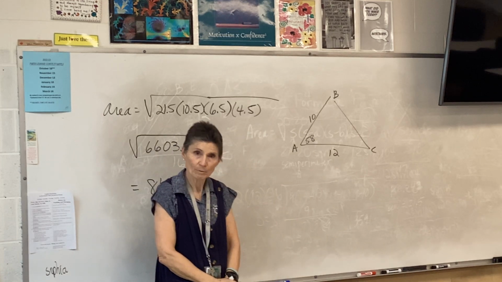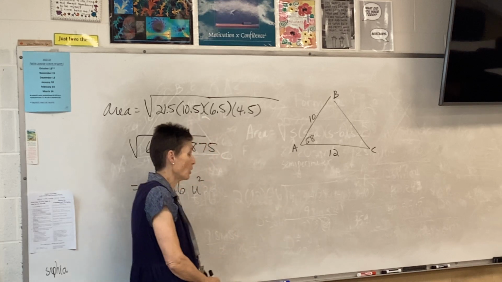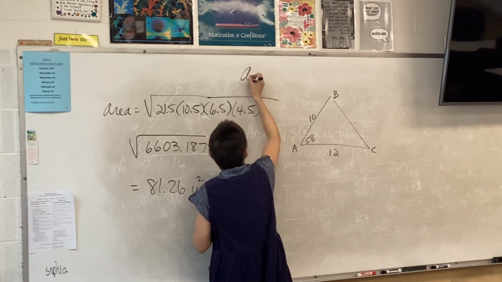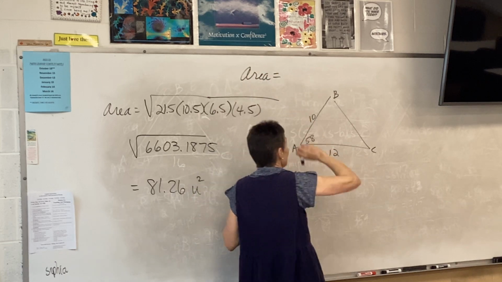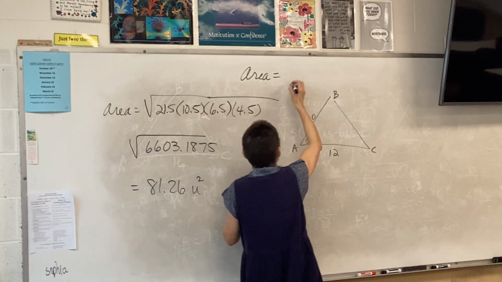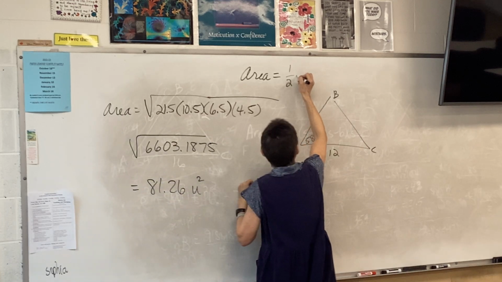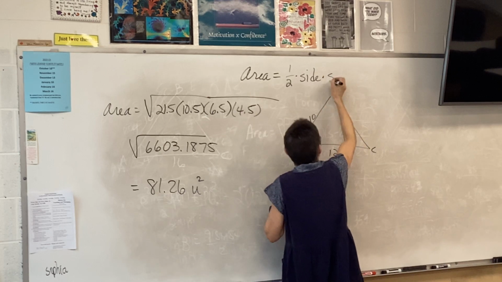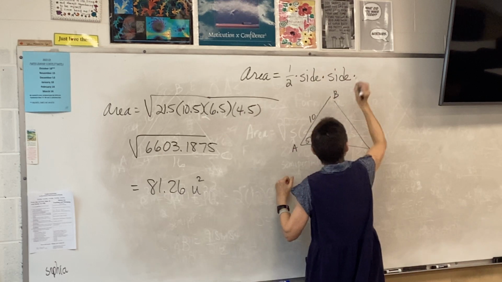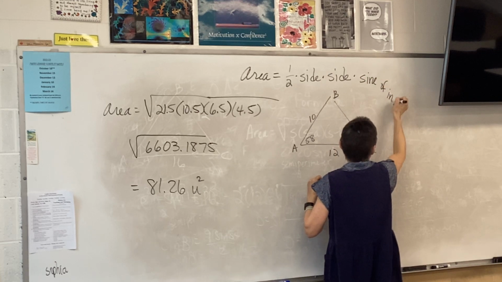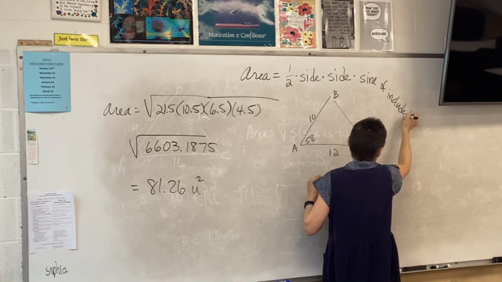You can't find the perimeter. So luckily, we have another area formula. Today we're getting 2 new formulas. One is Hero's formula, and the other one is 1/2 times side times side times sine of included angle.